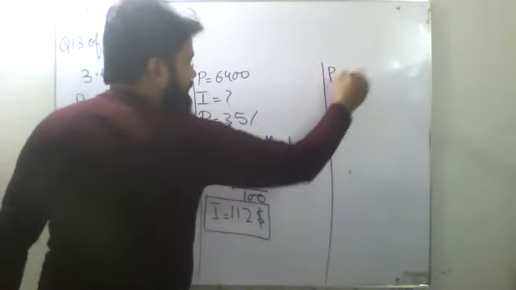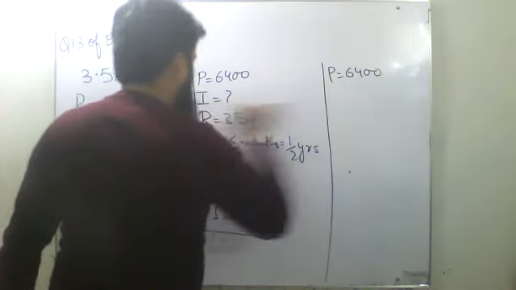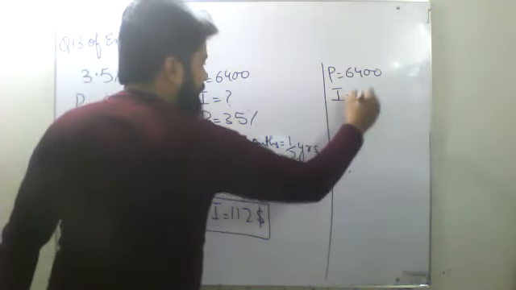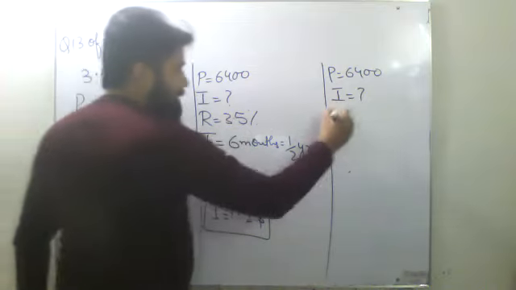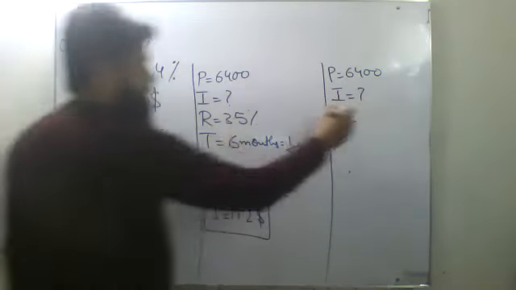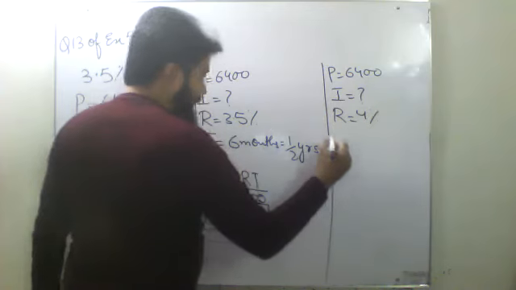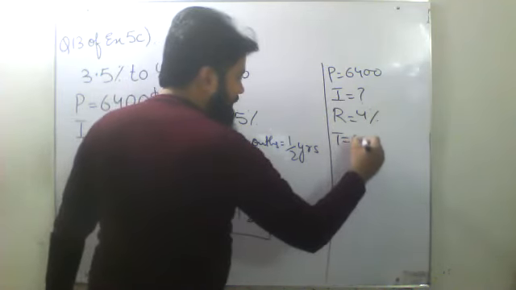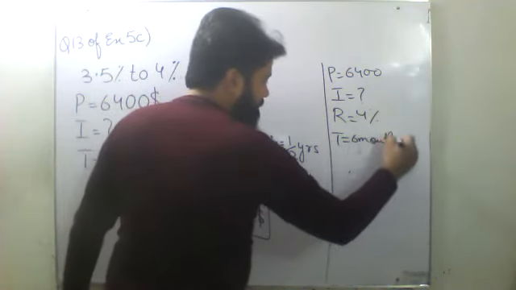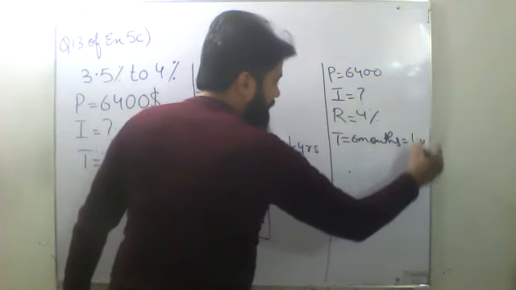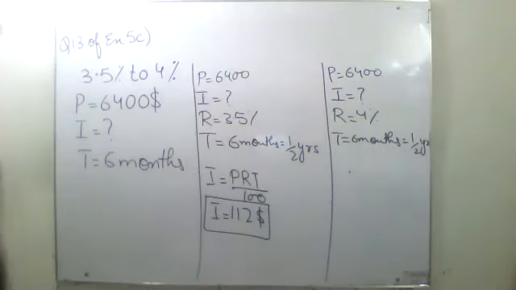Again, principal is 6,400. Interest I have to find. Rate is now 4%. And time is again 6 months. So that will be again half year. Okay.